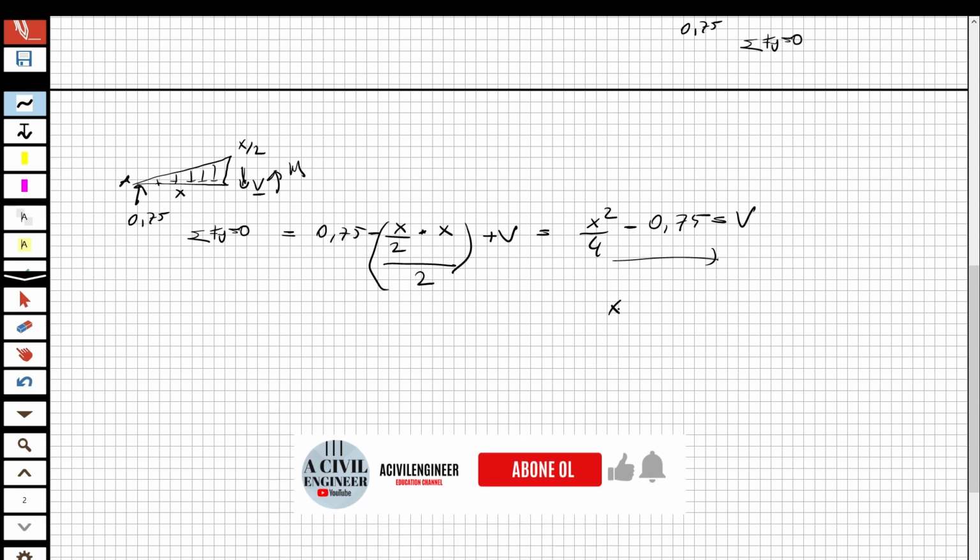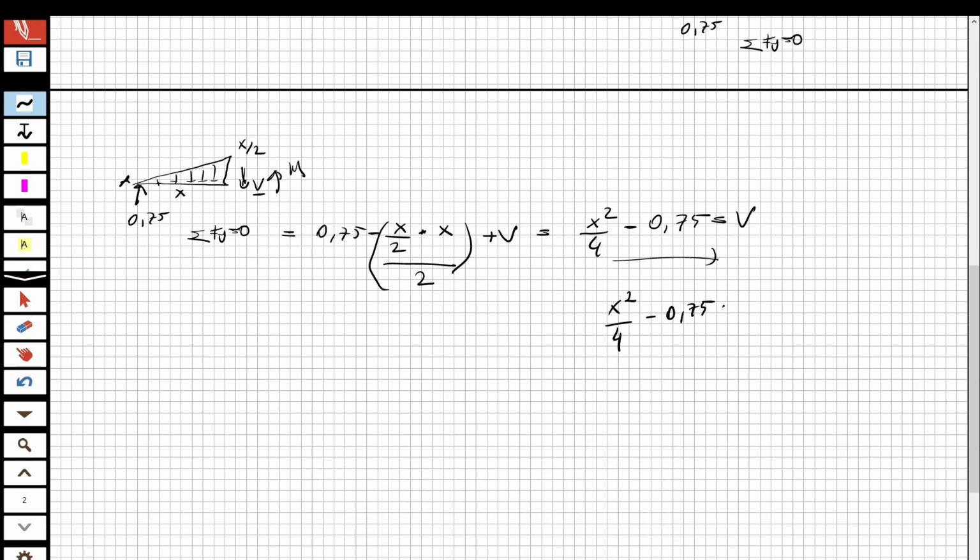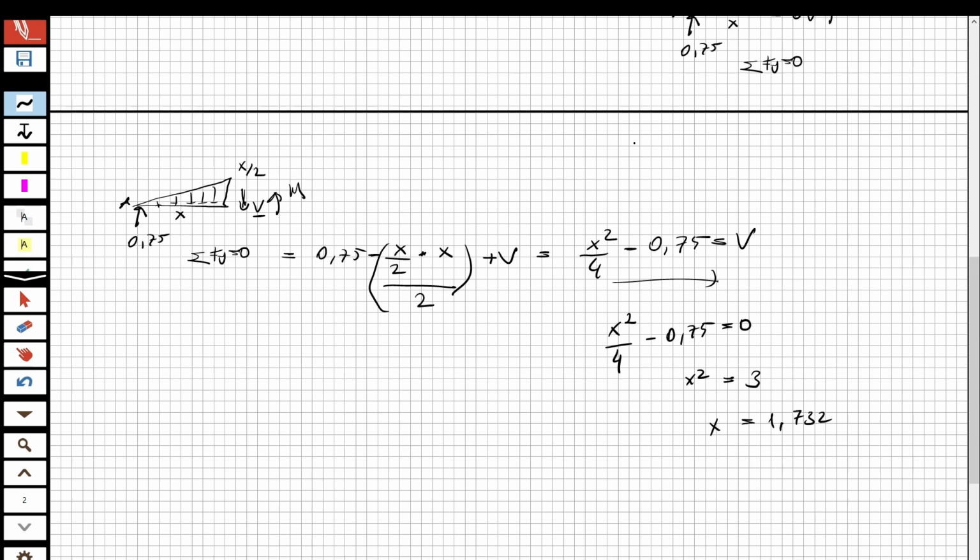For this one, x squared over 4 minus 0.75 equal to 0. And x squared is going to be equal to 3. And I'm going to obtain x equal to 1.732.